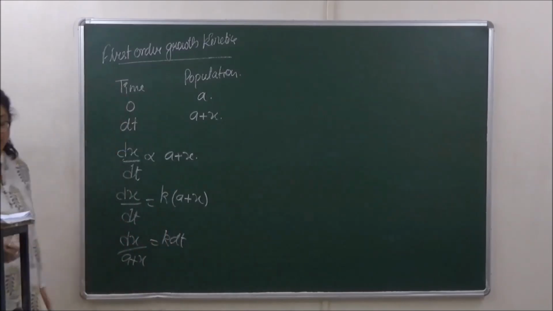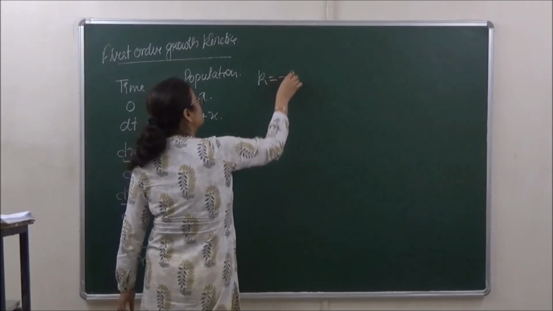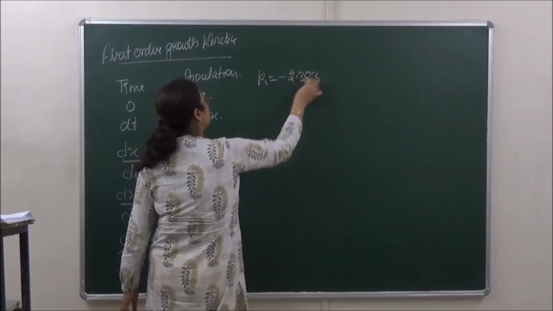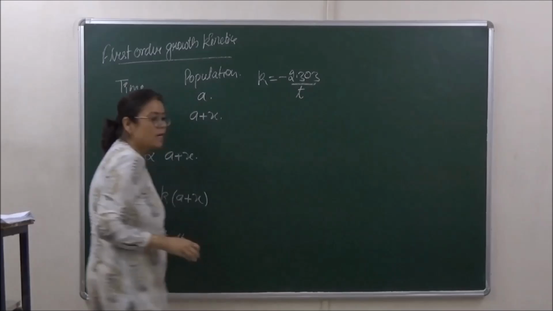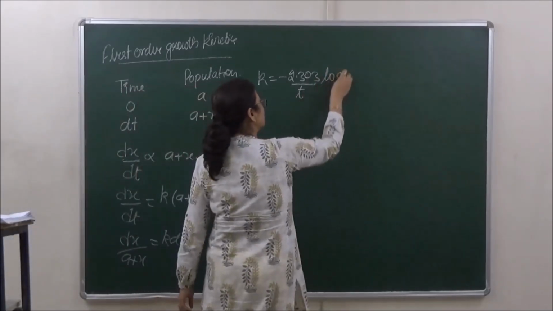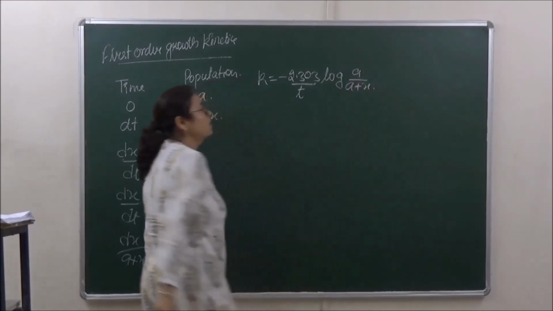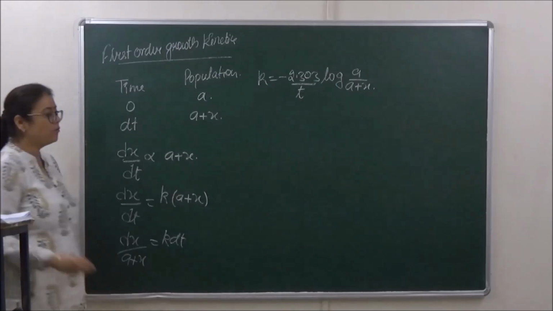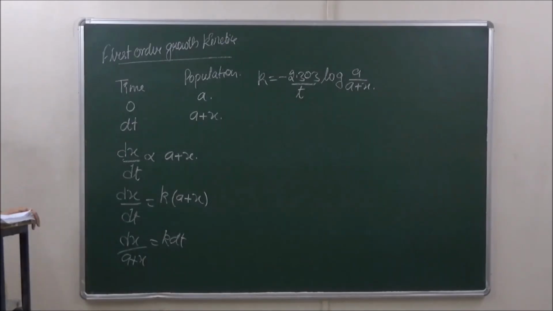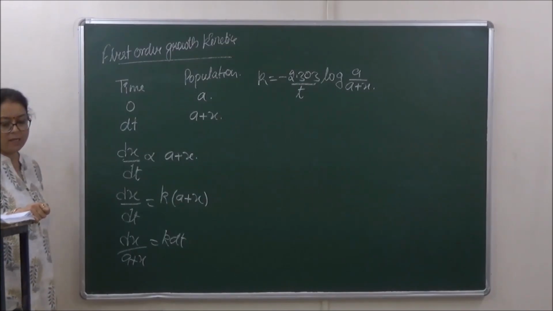Solving this, we will get K is equal to minus 2.303 upon T log of A upon A plus x. Instead of A minus x, what are we taking over here? We are taking A plus x. ठीक है? Clear हो गया?